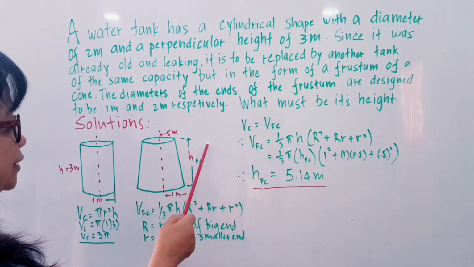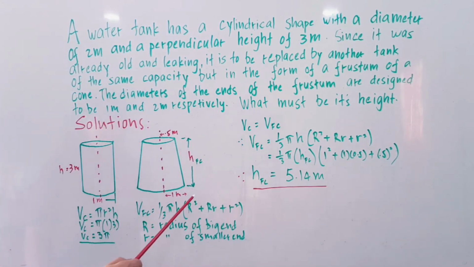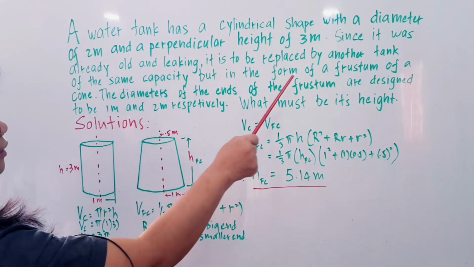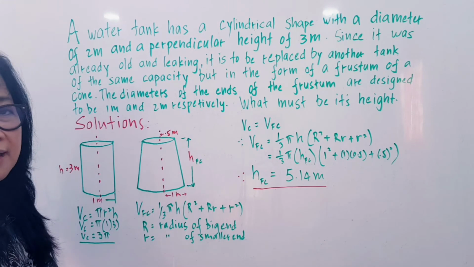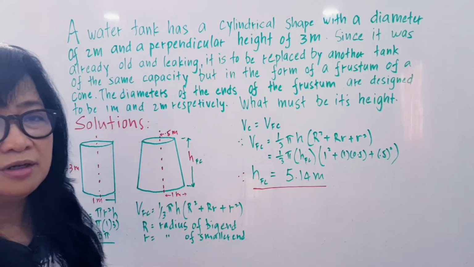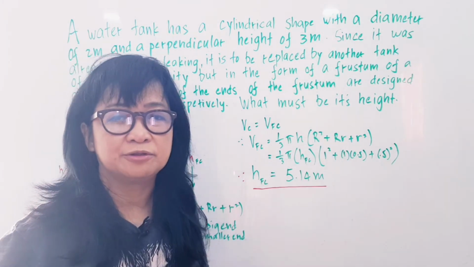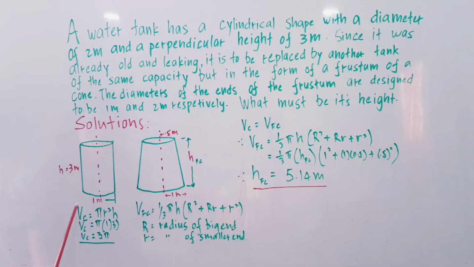Ngayon, ang hinahanap natin is the height of the frustum of a cone. Now, paano naman natin yan ma-solve? Sinasabi dito na nung pinapalitan na yung tangke, pareho pa rin ang capacity nila. That means, ang volume ng cylindrical shape, pareho pa rin ng volume ng frustum of a cone. So, masolve natin ang volume of a cylindrical shape dahil meron siyang given na radius at saka height.